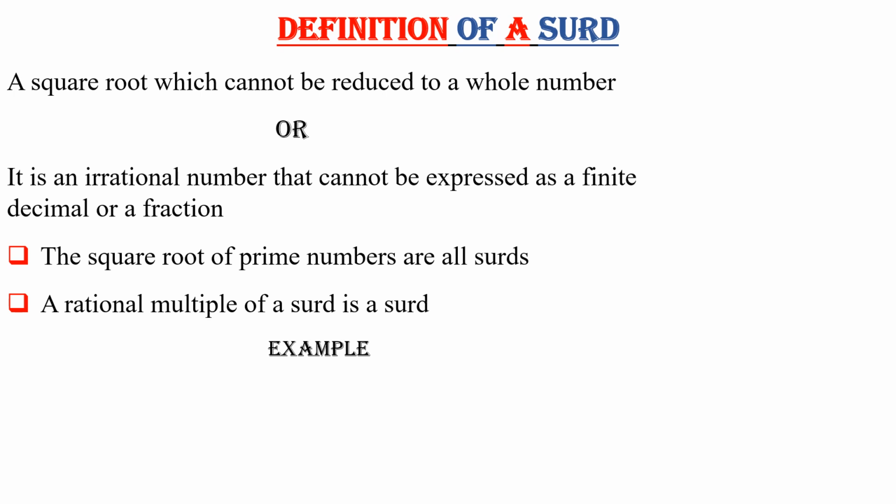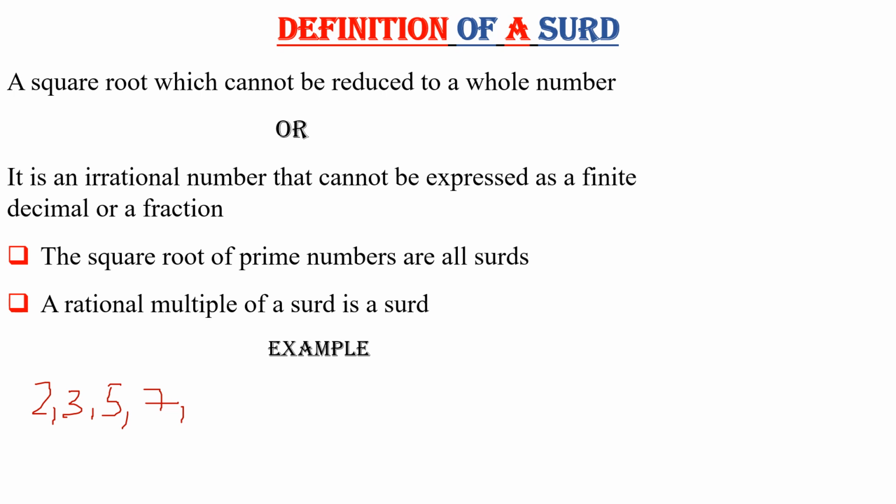So for example, 2 is a prime number, 3 is a prime number, 5 is a prime number, 7 is a prime number. Is 9 a prime number? The answer is no, because 9 has more than two factors, that is 1, 3, and 9 itself.